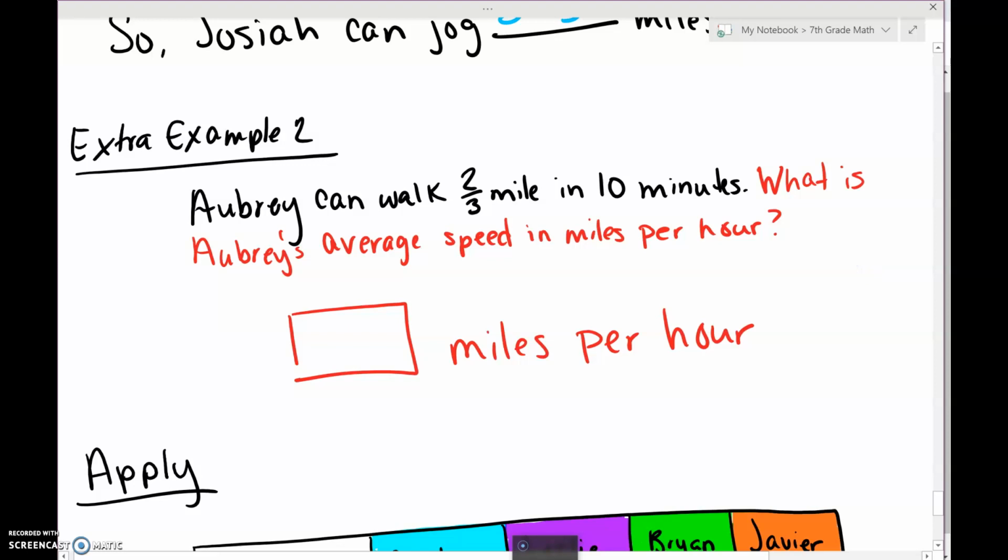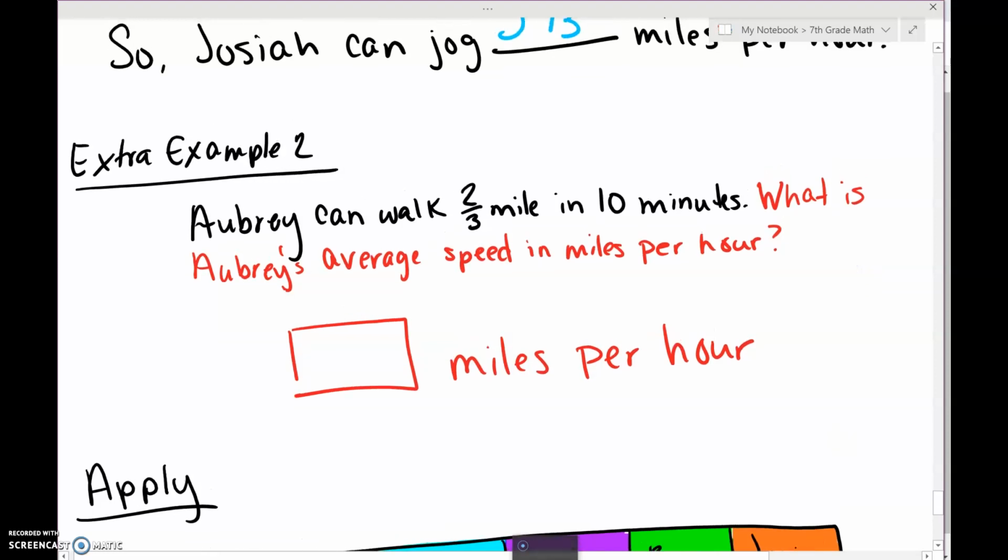Aubrey can walk 2/3 of a mile in 10 minutes. What is Aubrey's average speed in miles per hour? Okay, so we already have the 2/3 fraction. We know 10 minutes. So let's do the double number line. The top is going to be our minutes, and the bottom is going to be our miles.